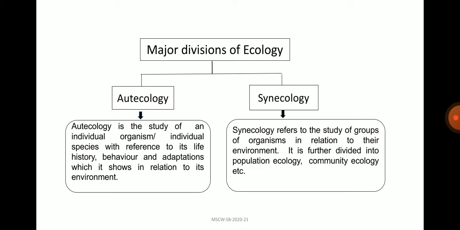What are the major divisions of ecology? Ecology is divided into two major divisions, autecology and synecology. Autecology deals with the study of an individual species or a particular species in relation to its environment.